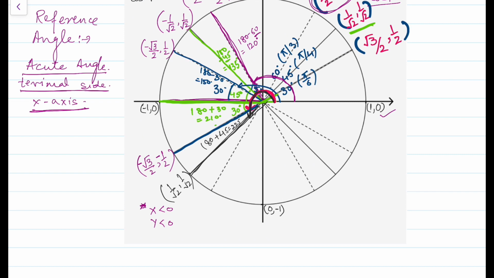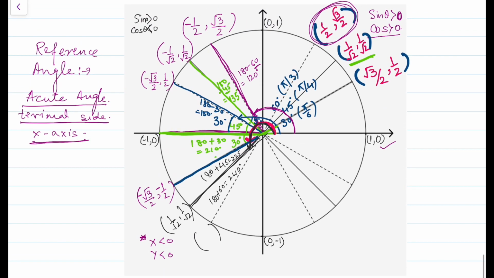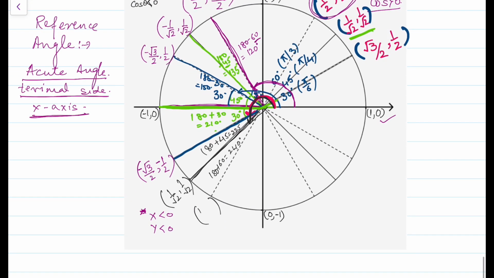The next angle is going to be 180 plus 60, which is 240 degrees. So again, we write the values of 60 degrees, which are half and root 3 over 2, but both need to be negative in this third quadrant, all right?